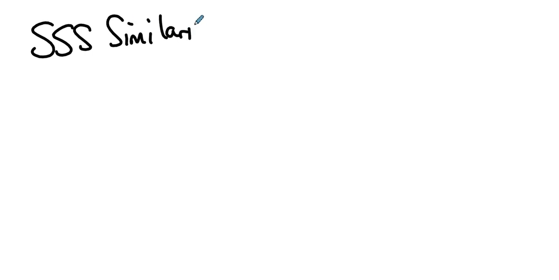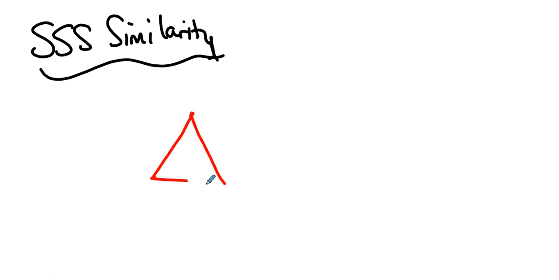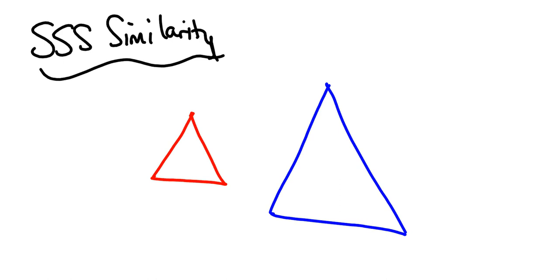And then there's a third way we talk about similarity, and that's what we call side-side-side similarity. So that's useful if we don't know anything about the angles. We just know about the sides. And again, the key is that the sides are in proportion.